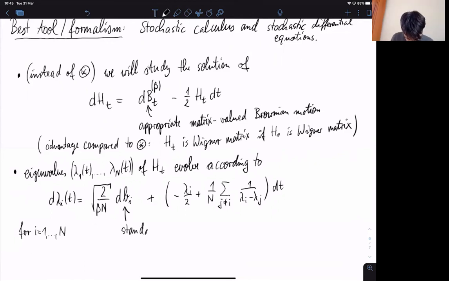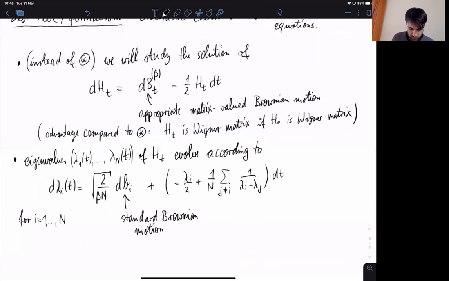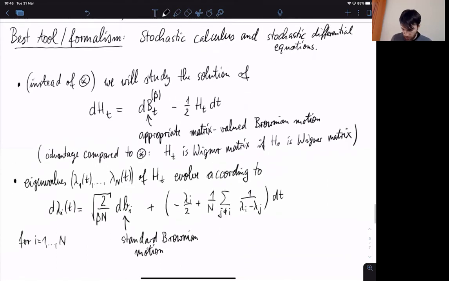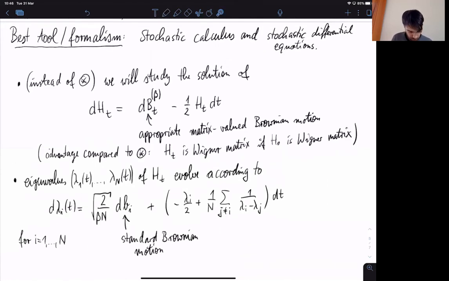But as I said, I will define all of this. I just want to give you an idea of what kind of equation we want to look at. And this will also come later. The solution of this type of equation is called Dyson Brownian motion. It's a special type of Brownian motion.